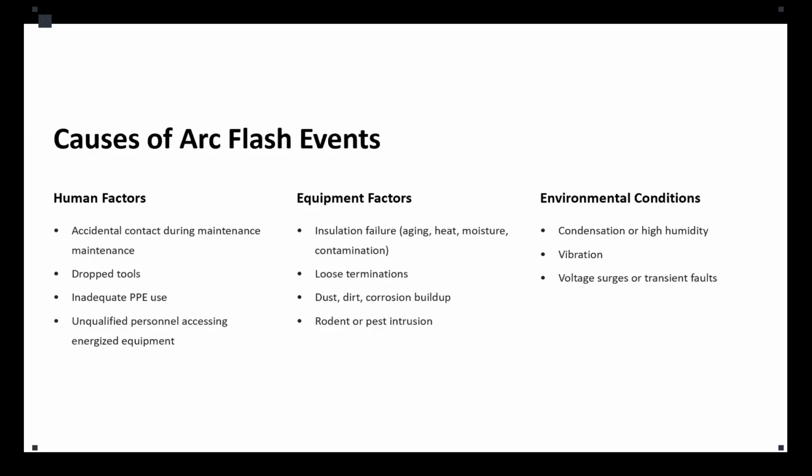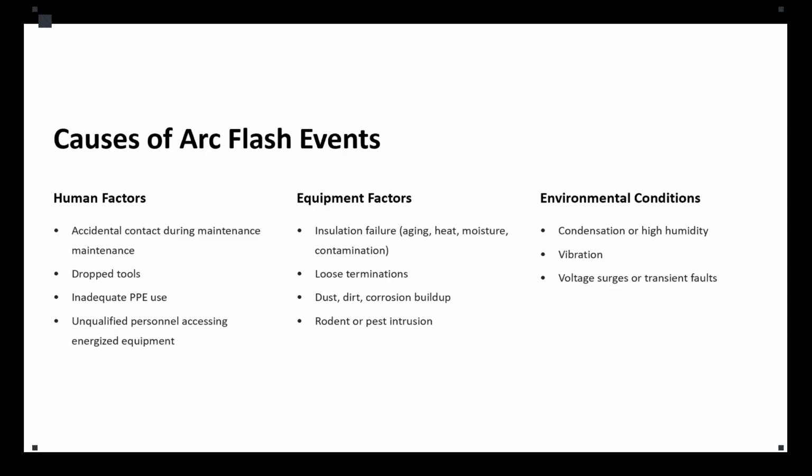The human factor is by far the most common and most preventable category. These arc flash incidents often happen not because of bad equipment, but because of avoidable actions during maintenance, testing, or operation. This is like accidental contact during maintenance.